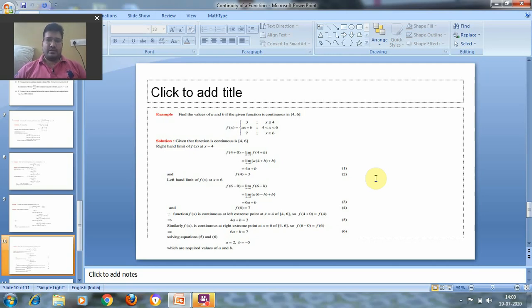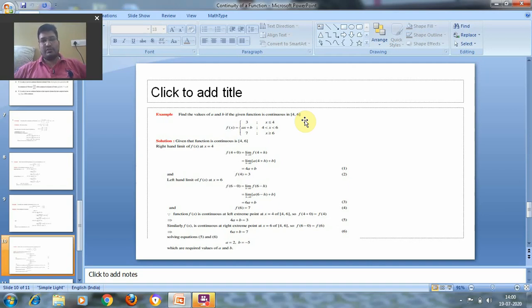So according to these limits of the independent variable, we can check whether the given function is continuous or not at x equal to 4 and at x equal to 6, because it is already given in the question that the given function is continuous in the closed interval 4 to 6.